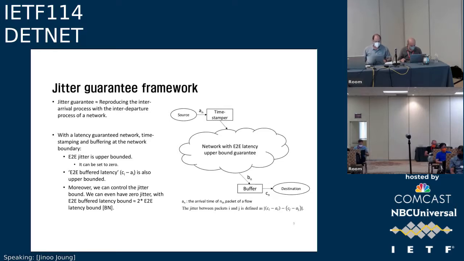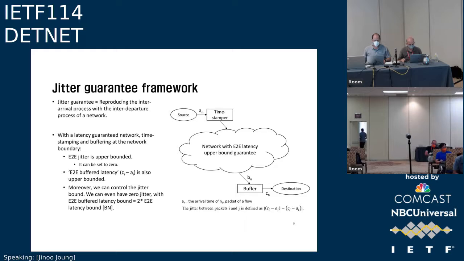So provided that we have the latency guaranteed network, we can timestamp at the network boundary near the source. And based on these timestamps, we can buffer the packets to reproduce the interruptible process at the inter-departure process.